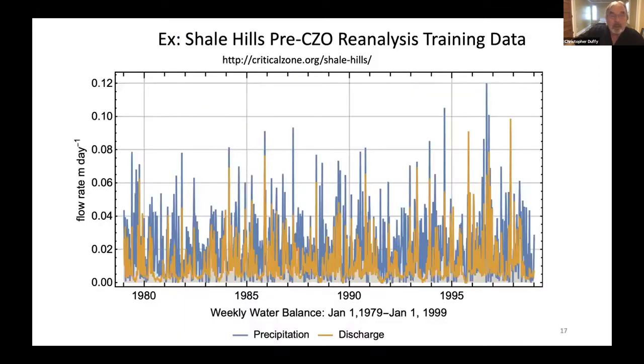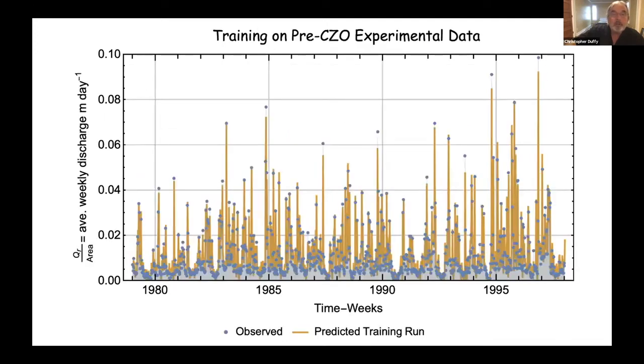Here's a reanalysis training data set we used from 1979 to 99, showing rainfall and runoff at Shale Hills. And then here's the training experiment using the pre-CZO, or pre-detailed observation, experimental data, simply using reanalysis and the hydrologic model as the two inputs and outputs.